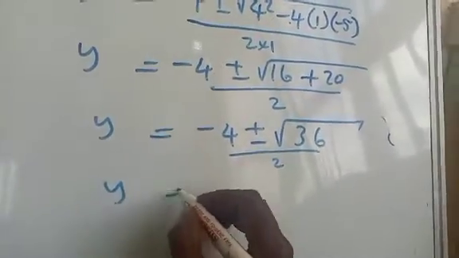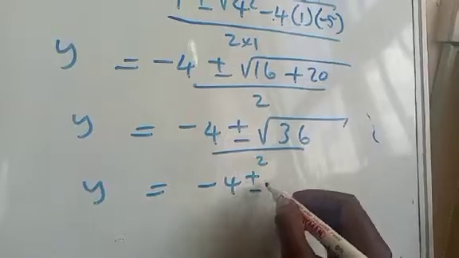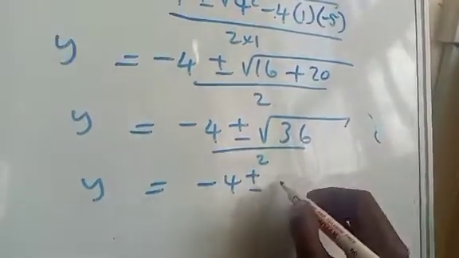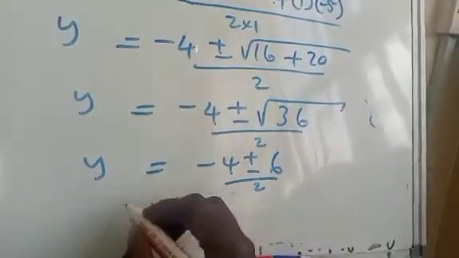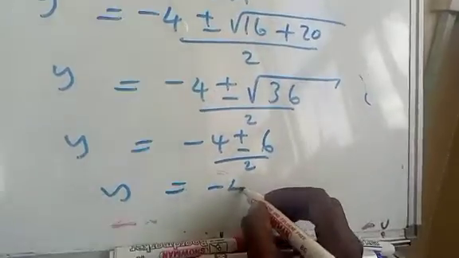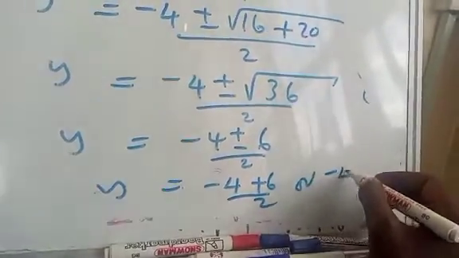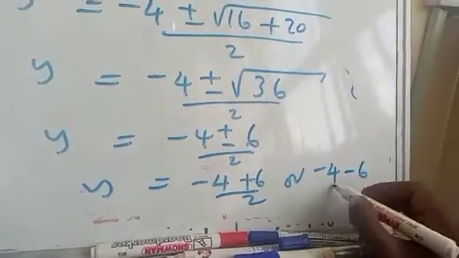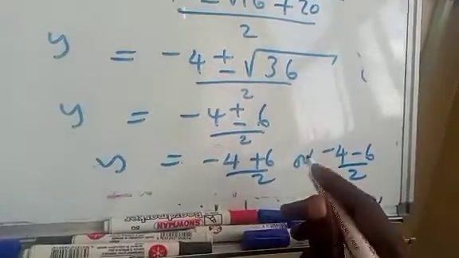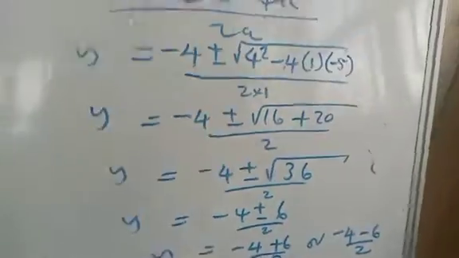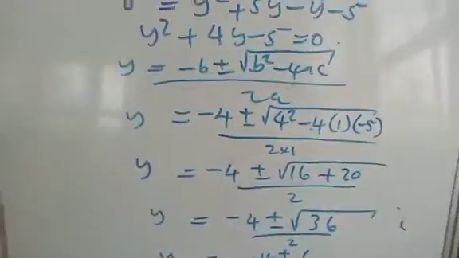The square root of 36 is 6, so y = (negative 4 + 6) over 2, or (negative 4 - 6) divided by 2.